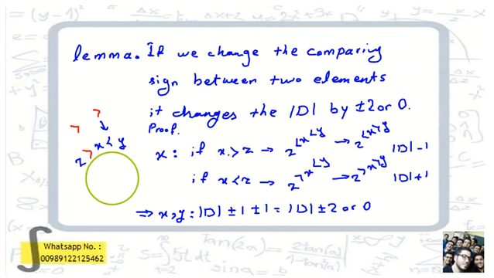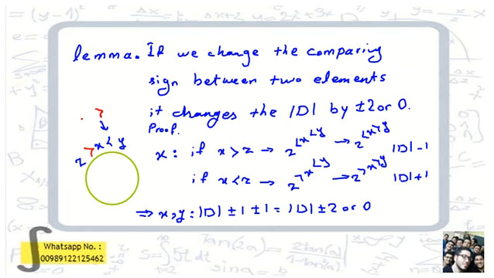So in this case, sorry, x was greater than z. So when we change this sign, x was a desired element, now x is not a desired element, so the number of d would decrease by 1. And in this case, if x is less than z, so let's consider this case, now x is a desired element.